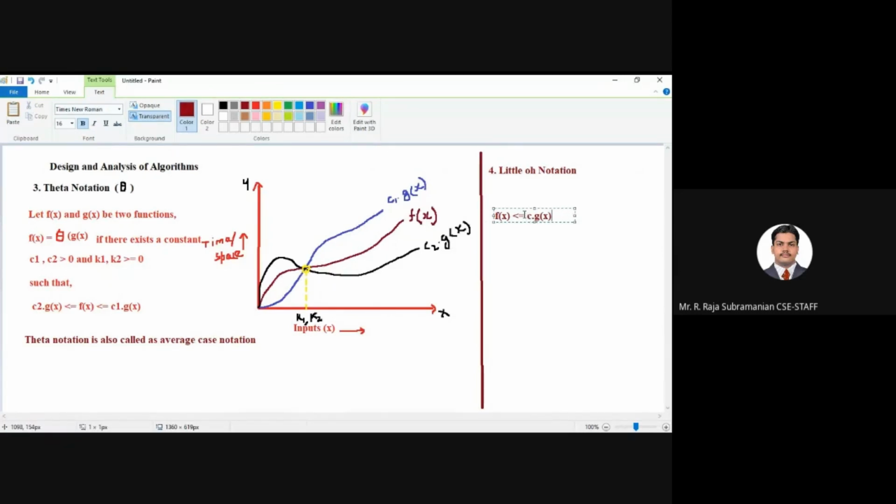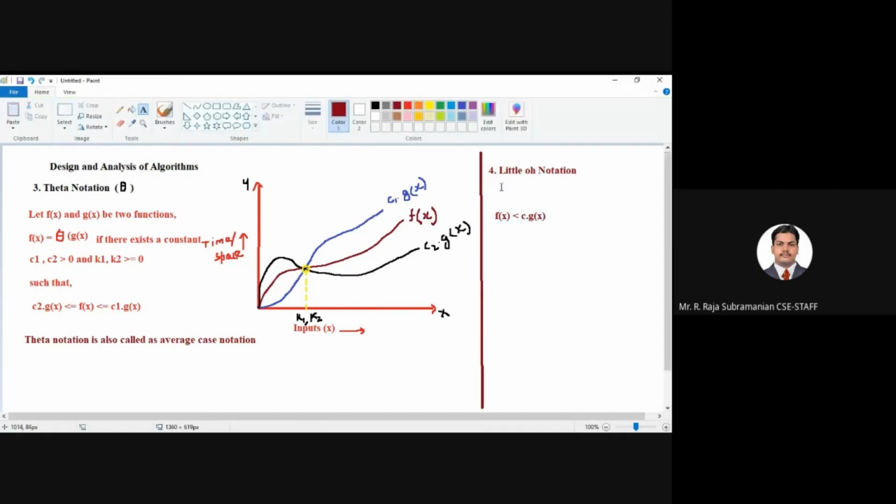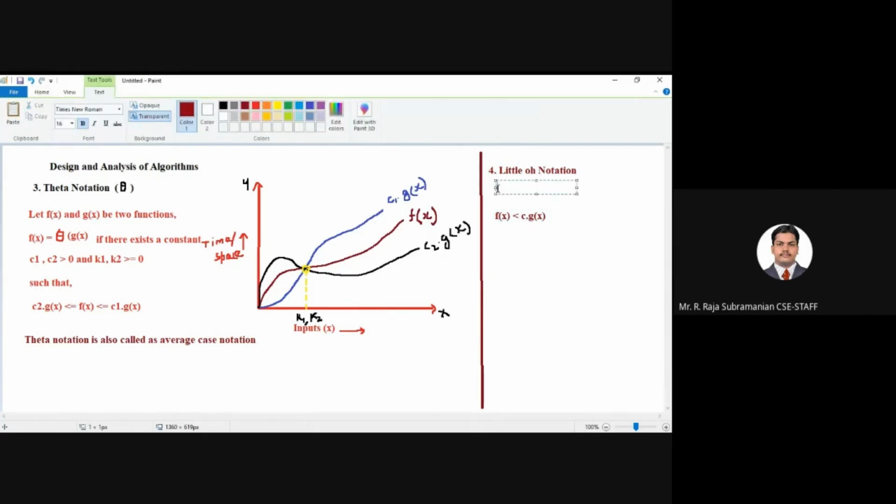Little o notation is very easy, just remove this equal to symbol. Now the case is f of x less than c into g of x. This is called little o notation, also called loosely bounded or loosely upper bound. We call big O notation the tightest upper bound, so here it is the loosely upper bound. It is little o notation, right?